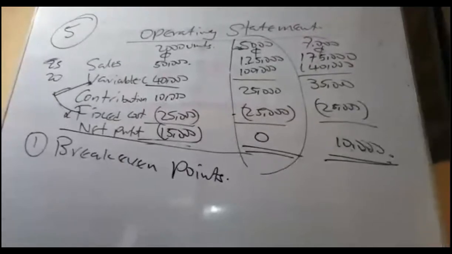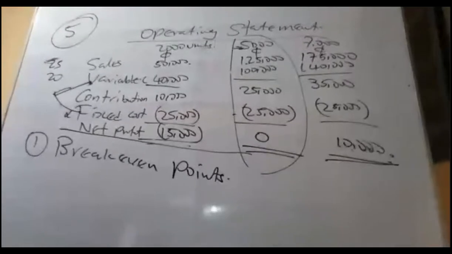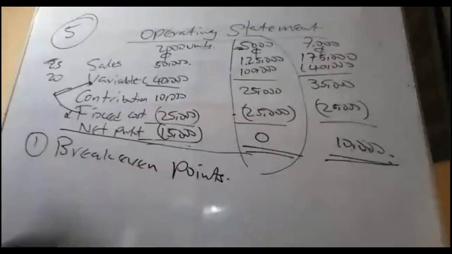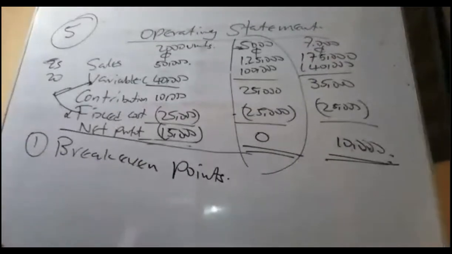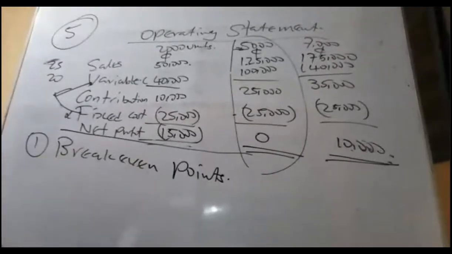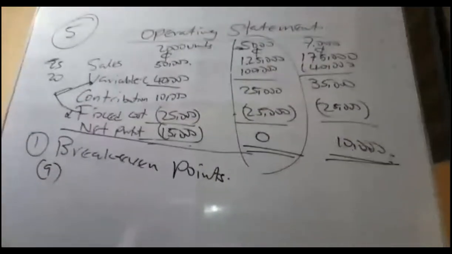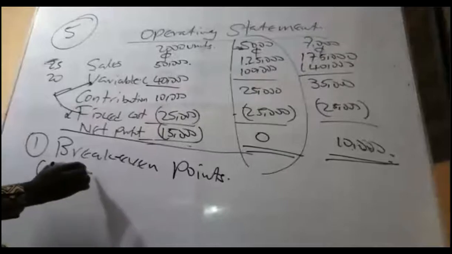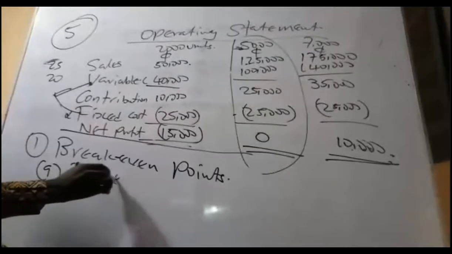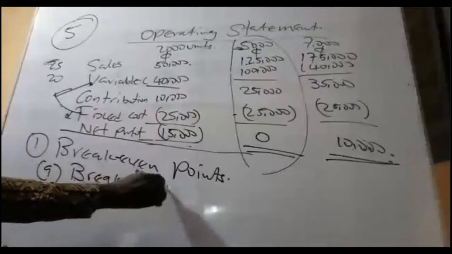They have 2 coordinates, X and Y. So the break-even point will also have 2 coordinates. We are just asking for 2 items. Number 1, break-even units.